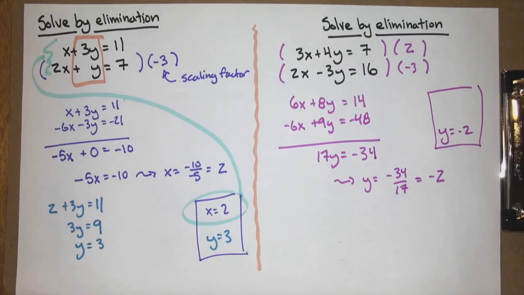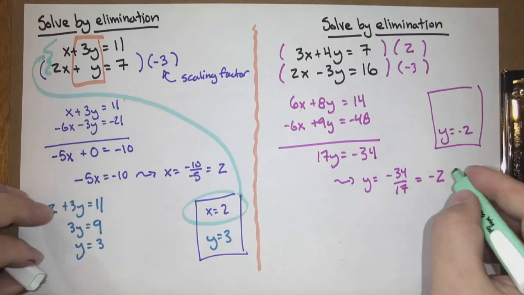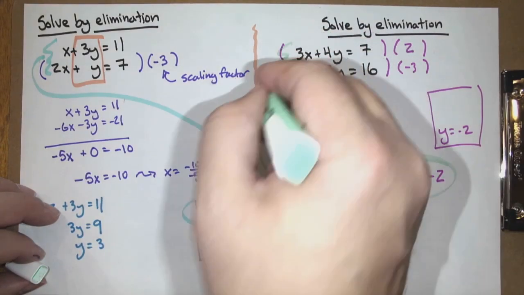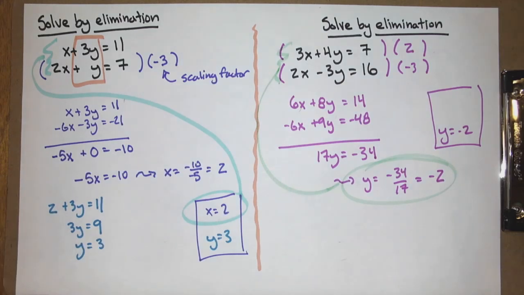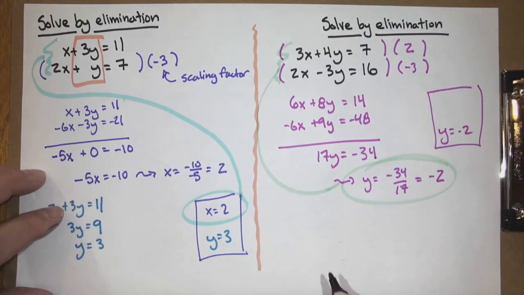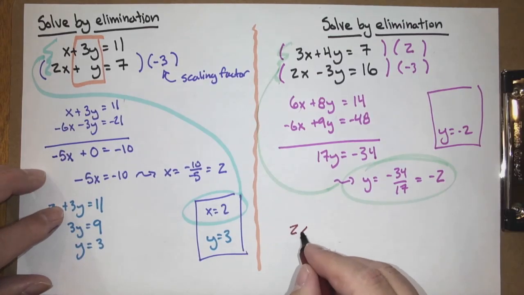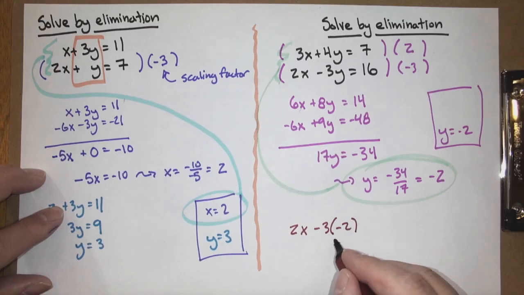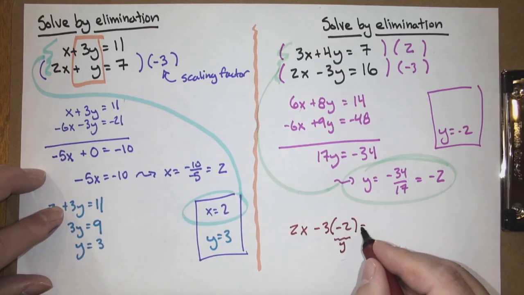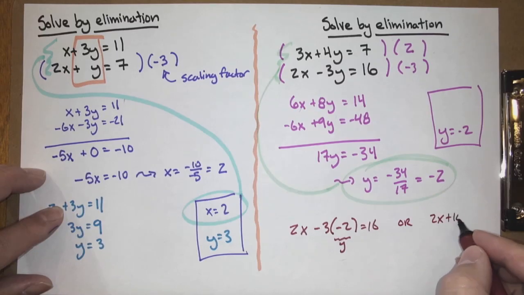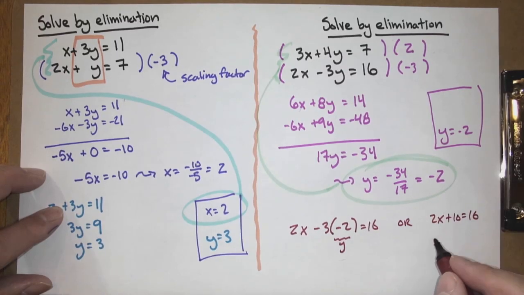Well, we're going to take this information that y is negative 2 and go back to our original equations. We pick one, doesn't matter. Let's say we pick the second one. So the second one says we have 2x minus 3 times y, which we can replace by negative 2, equals 16. Or 2x plus 10 equals 16.